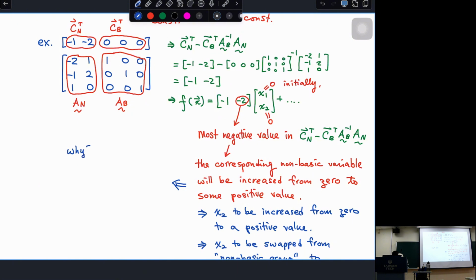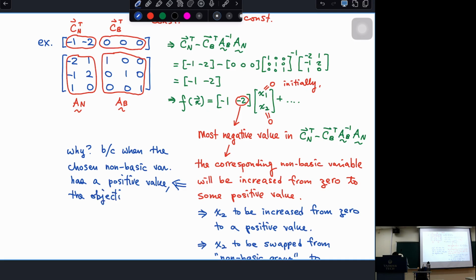Because when the chosen non-basic variable has a positive value, the objective function value decreases.